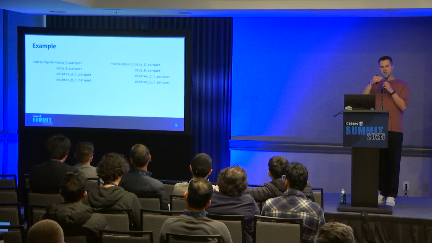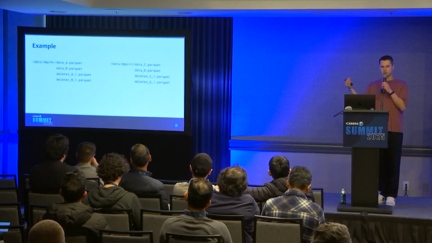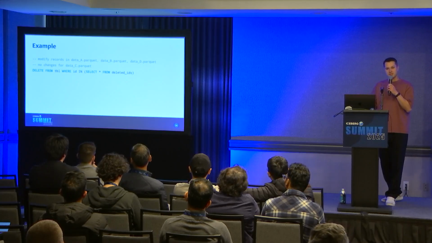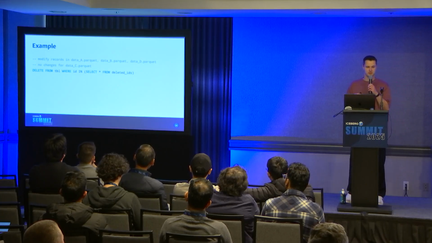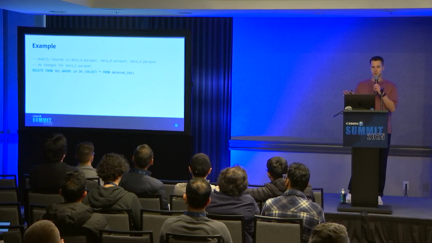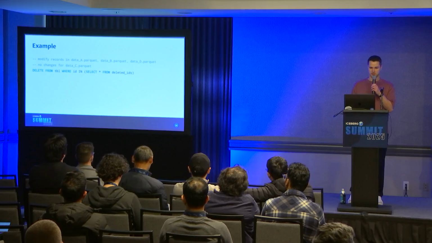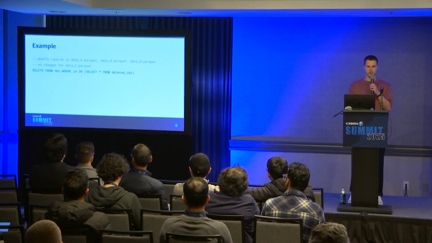And for each affected file, you would have a new delete file. Now, let's say there is another delete that comes our way. This time, we modify records in data files A, B, and D. So there are no changes for data file C. Only 3 of the 4 are modified.